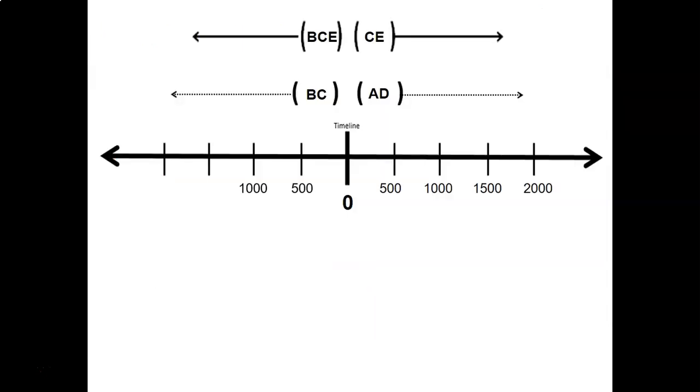So if you did your timeline while I was talking about this, you're going to notice that it looks like this. What's weird about before the Common Era, in other words, the time before 0, is the number is bigger the further back you go, which is the opposite of the Common Era. This is going to have implications of a large degree, as we'll see here in just a moment.